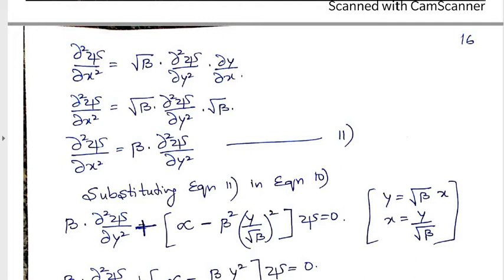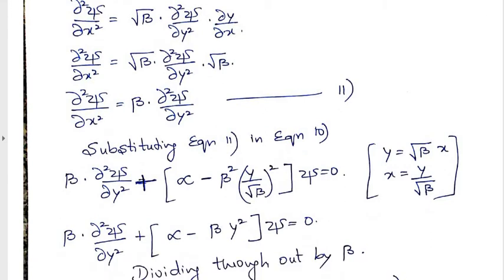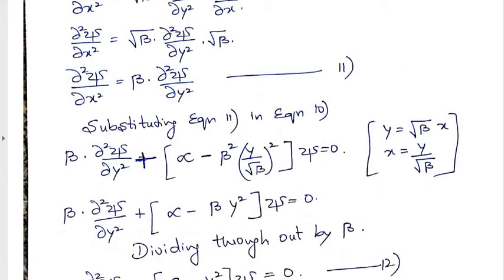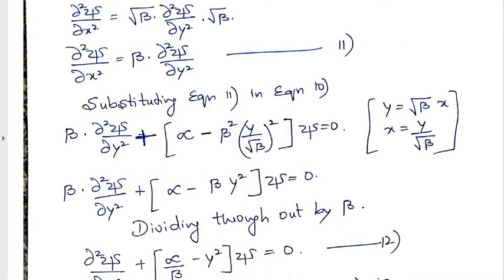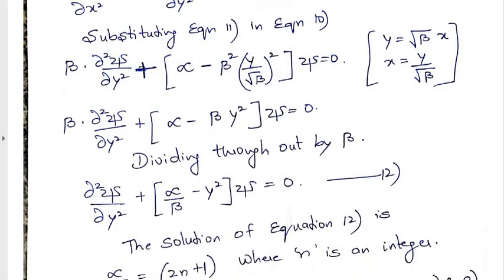You know that y is equal to root beta x, so x has been replaced by y by root beta. On simplification, beta into del square psi by del y square plus, opening the bracket, alpha minus beta y square, multiplied by psi is equal to 0. Dividing throughout by beta, we have del square psi by del y square plus (alpha by beta minus y square) whole multiplied by psi is equal to 0. Call that equation 12.